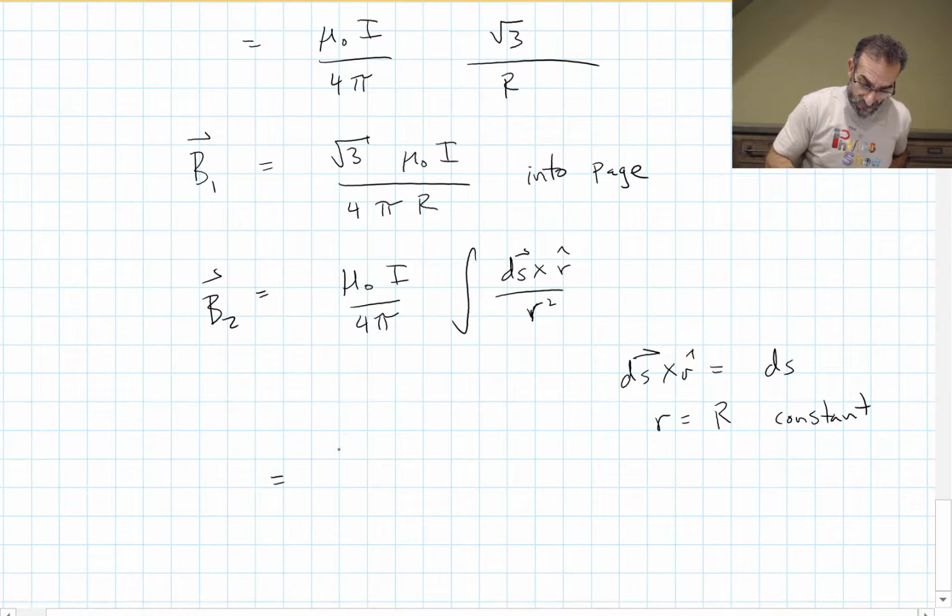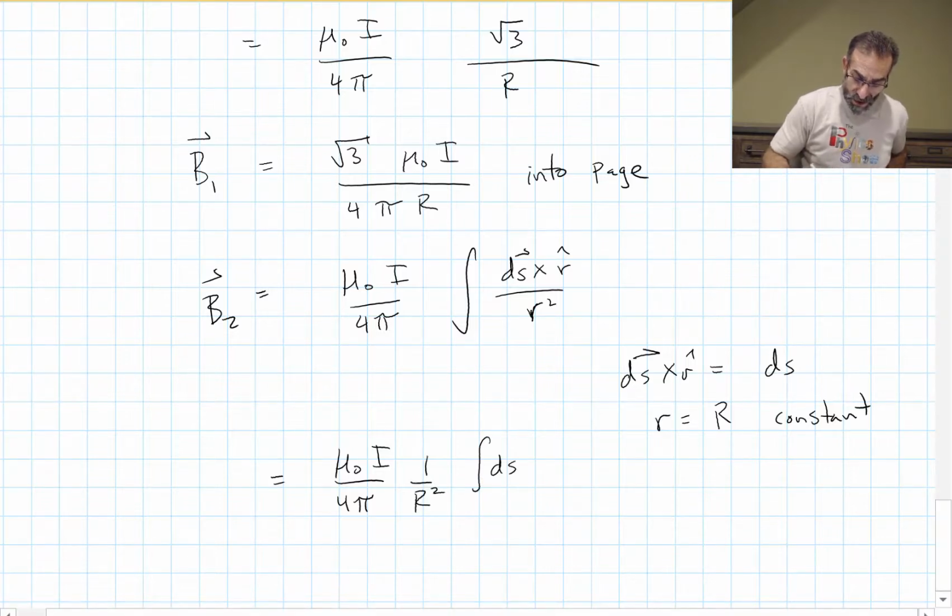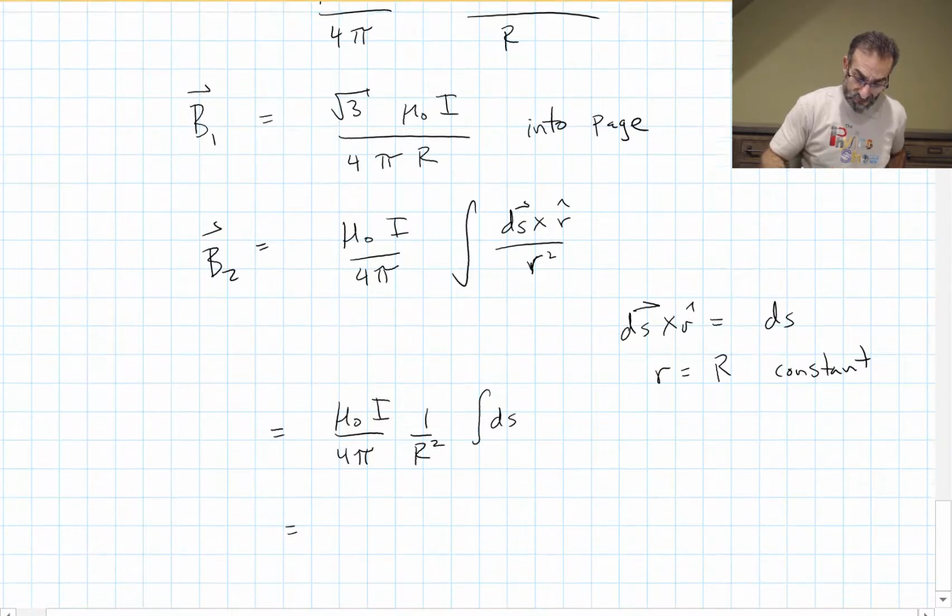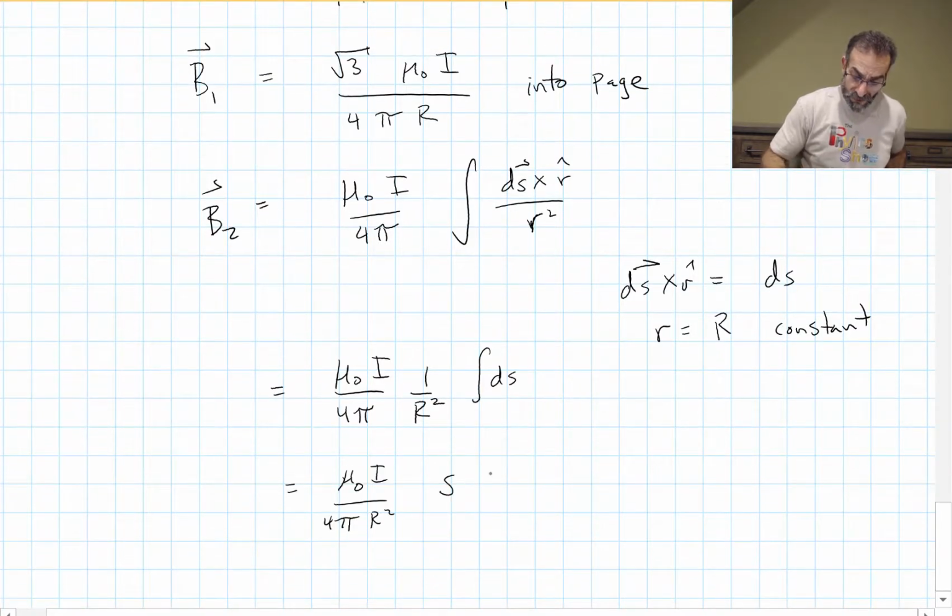So I get mu naught I over 4 pi, the integral of ds, and of 1 over r squared. The integral of ds is just my arc length, s, and s is equal to r theta.